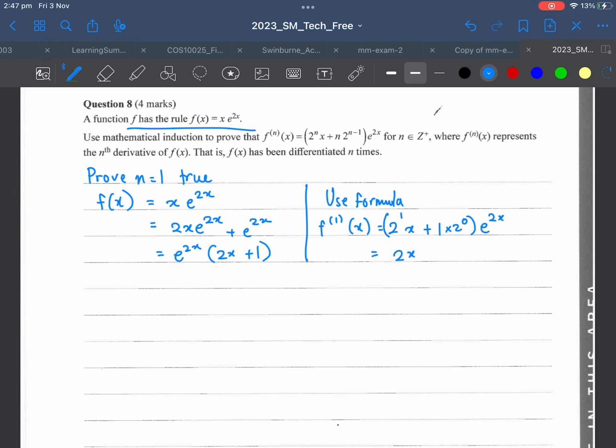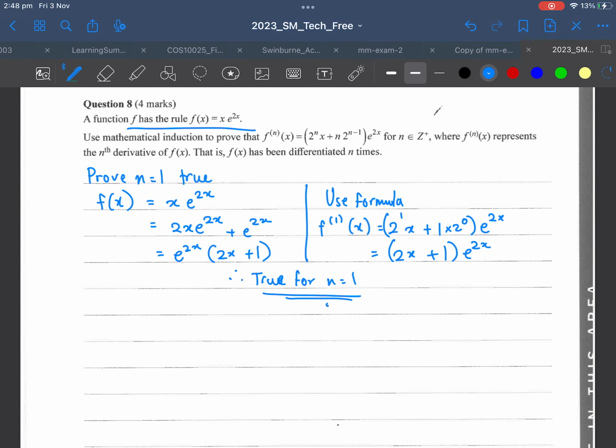So we'll get 2x plus 1 times e to the power of 2x. Therefore, we can say this is true for n equals 1.